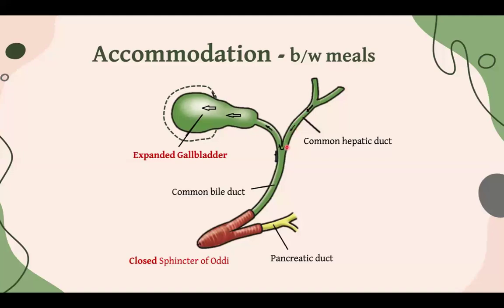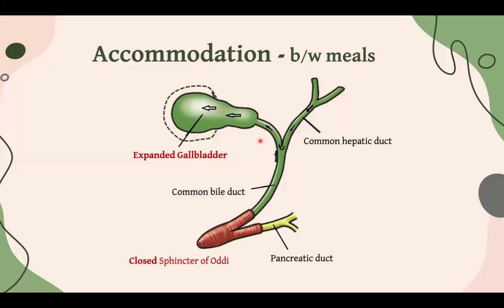Between meals, when you don't have food, you don't need bile acid to get secreted, so the sphincter of Oddi at the end would be closed. Otherwise bile can get released through the sphincter into the intestine. So pressure builds up and bile goes to the gallbladder, where it accumulates. You can see the gallbladder has expanded because bile acid gets stored.